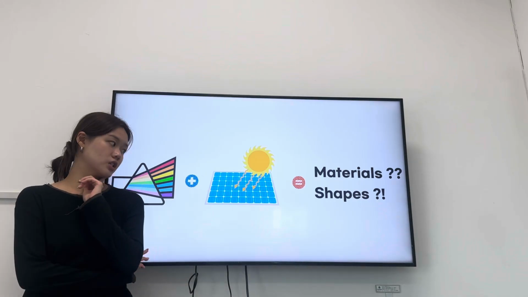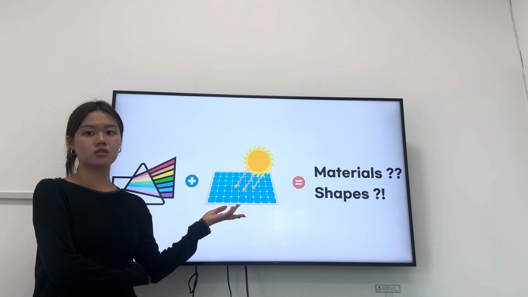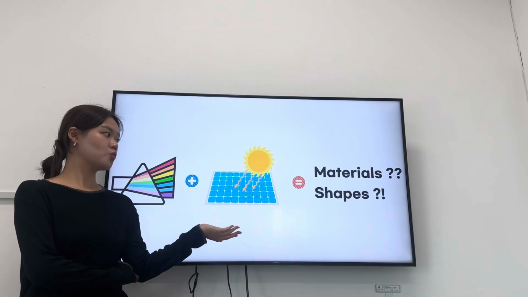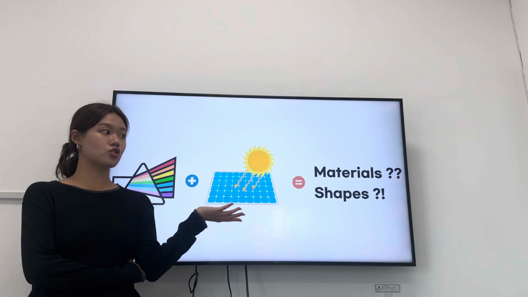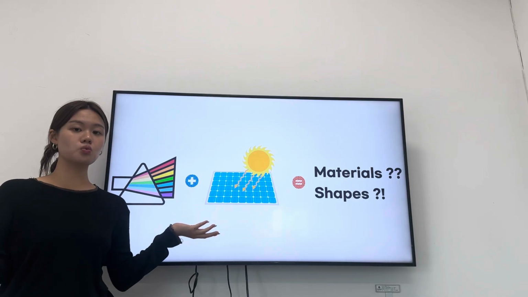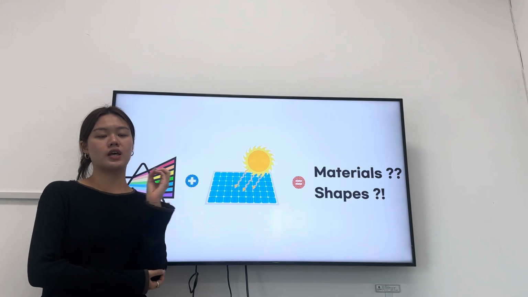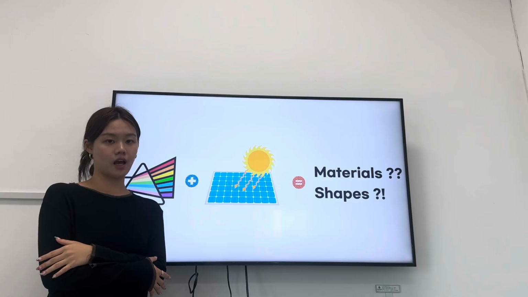But then we thought, prism and solar panels, how do we even combine them? Honestly, we don't have any idea. We didn't know what materials to use or what shapes would work best. So we started from zero and did several experiments to find the optimal prism design.